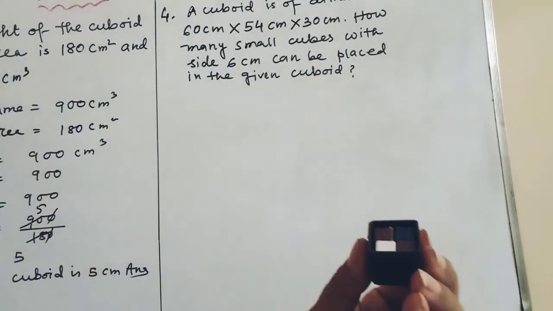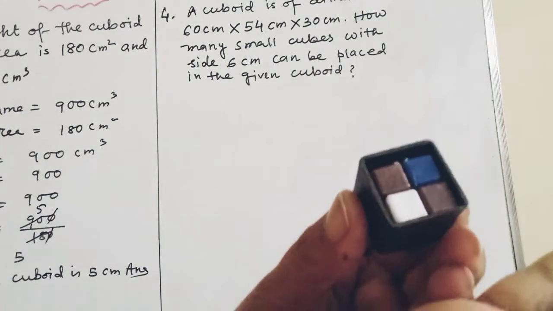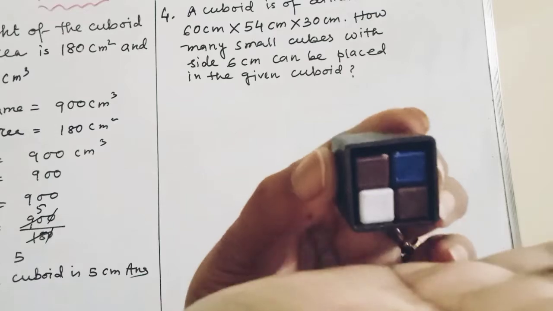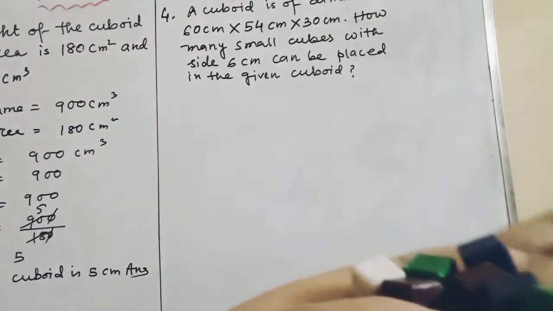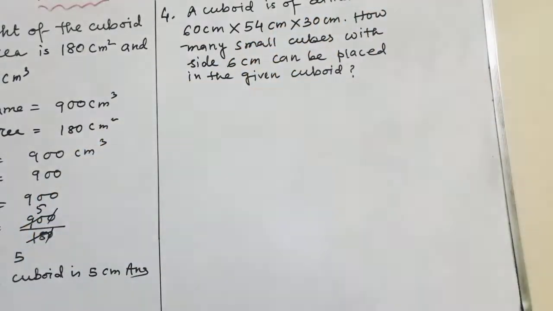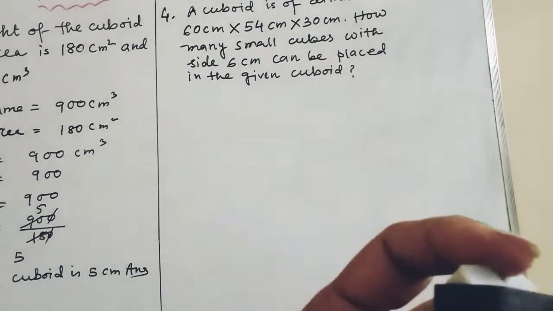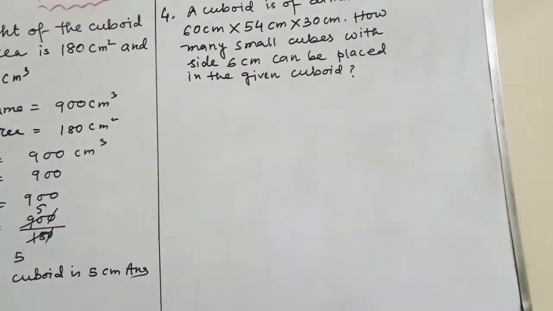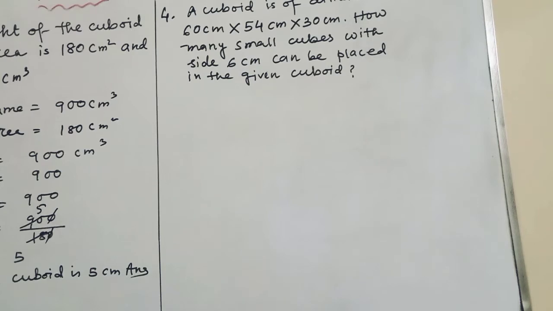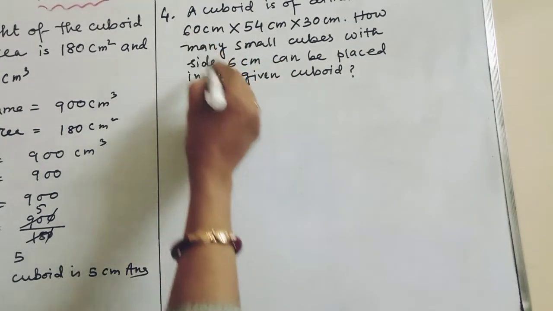So how many cubes can be placed inside the cuboid if the size of the cubes is 6 centimeters? You can find the number of cubes in this way, by using the volume of the cuboid. You only have to find out how many cubes there are. Understood? Now here the dimensions of the cuboid are given.